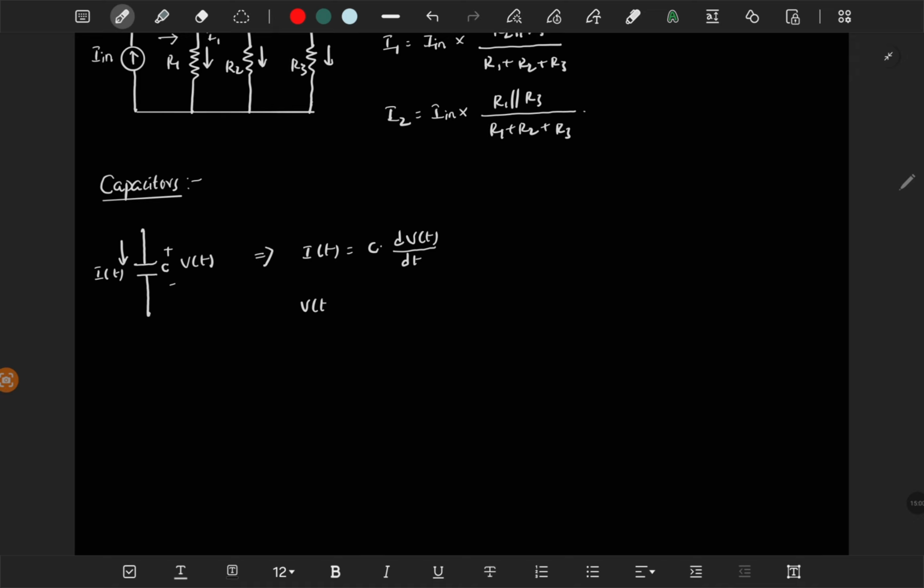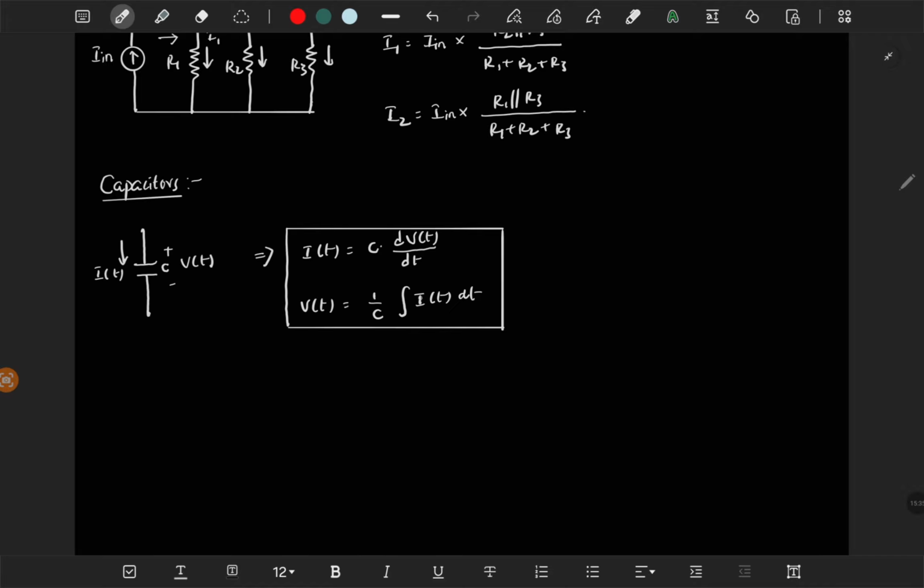Or if you want to write in terms of voltage, it is 1 by C integral of I of t dt. This you must remember, you don't have to forget this one. This means, suppose you are pumping no current, then there is no voltage buildup across the capacitor.